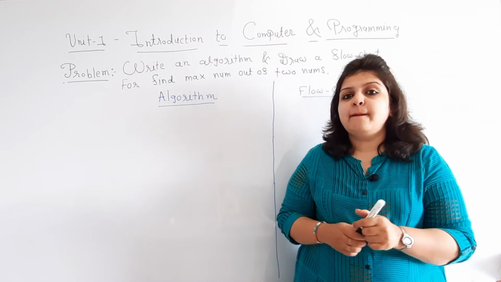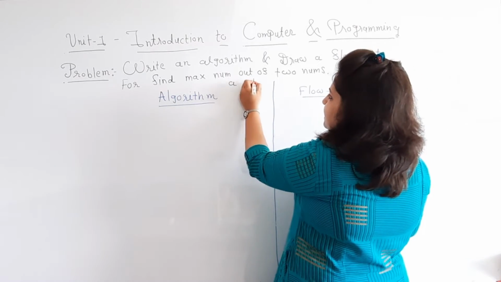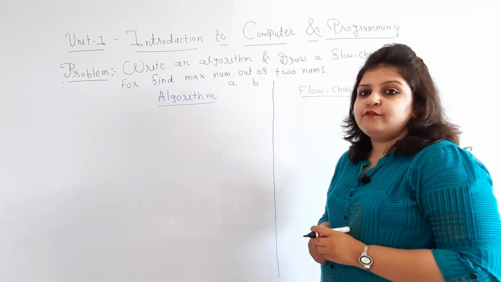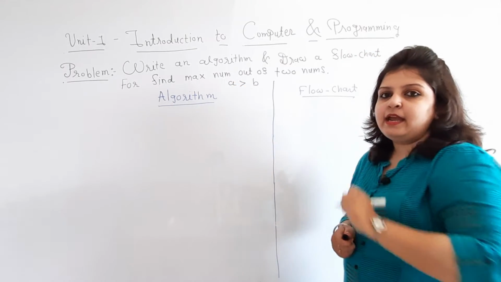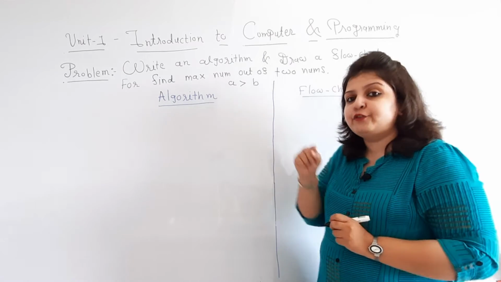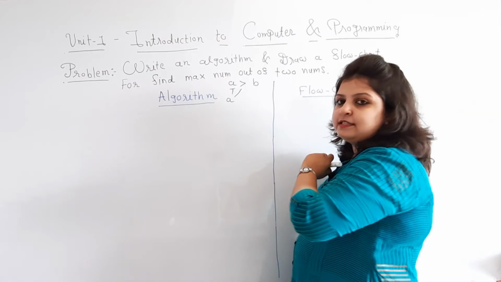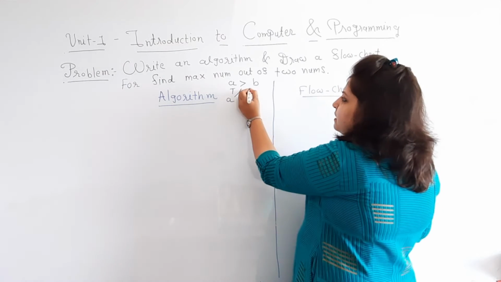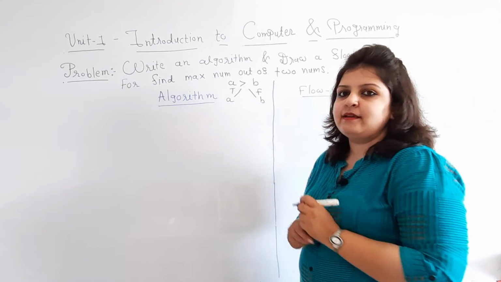So we have to compare two numbers, like if we have two numbers A and B. First of all we have to compare whether A is greater than B, and this is the condition. If the condition is true then A is max, and if the condition is false then B is max.